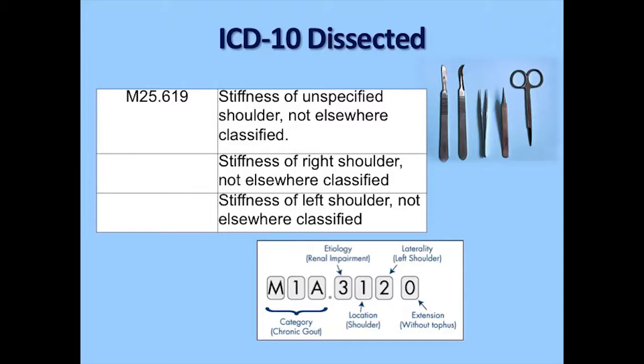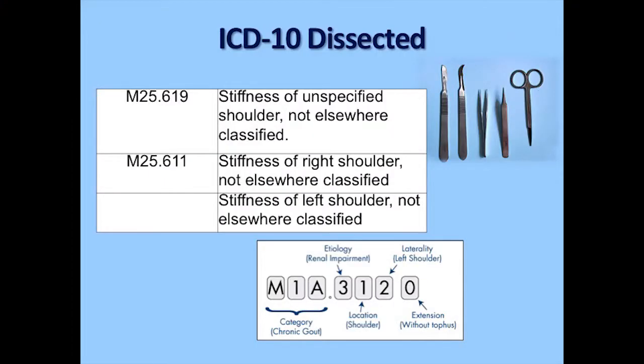Let me prove it to you, okay? You ready? So what code, when it ends at certain numbers, what numbers are those that are unspecified? 0 or a 9. So here it is, stiffness of the shoulder, unspecified, it's an M25.619. Now the next one, quiz: stiffness of the right shoulder, what's the code going to be?